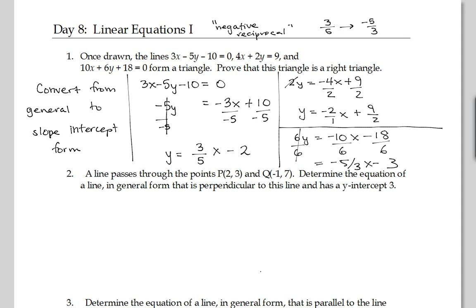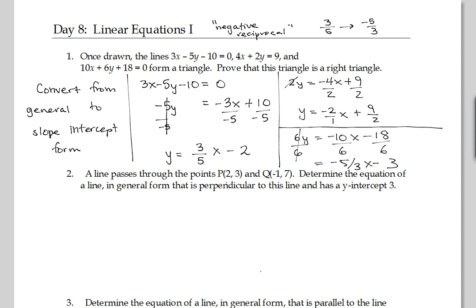So a line passes through these 2 points. Okay, so you got 2 points in space, a line goes through it. And then it says determine the equation of a different line in general form that's perpendicular to the line that we just talked about with a y-intercept of 3.